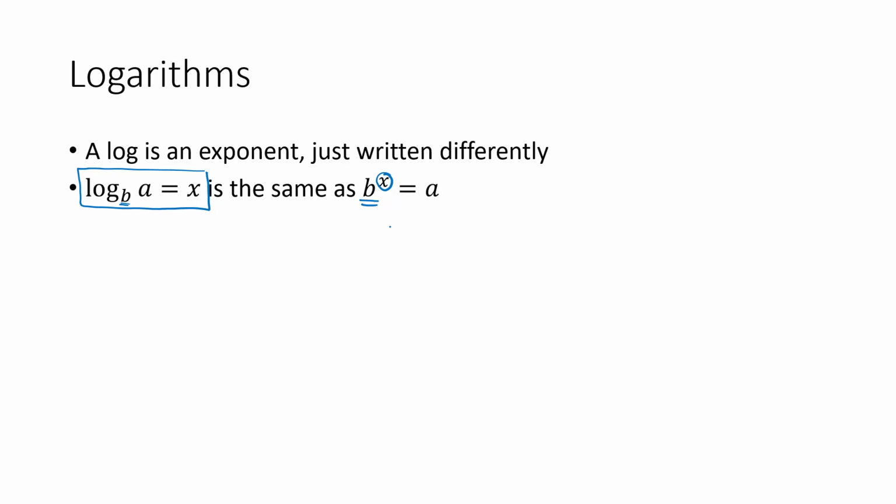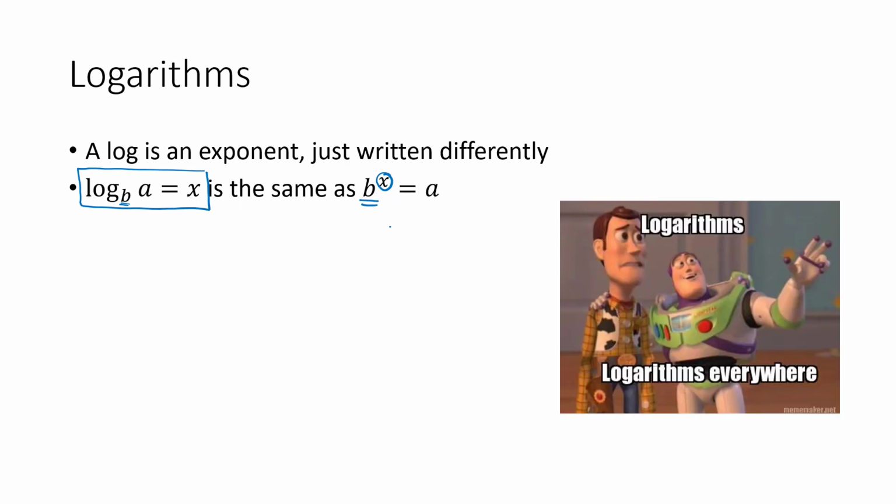locked into the exponent. We can change back and forth between these two formats, between exponential and logarithmic format, as you start to see that logarithms are really everywhere. So for example, if I've got the exponential function 5 to the third power equals 125, I could rewrite this as a log where the base, or the subscript, is the same base as the exponential problem.